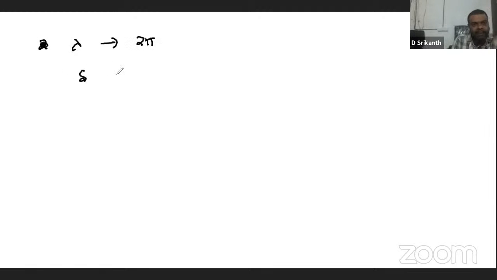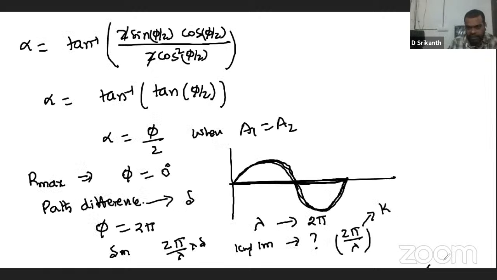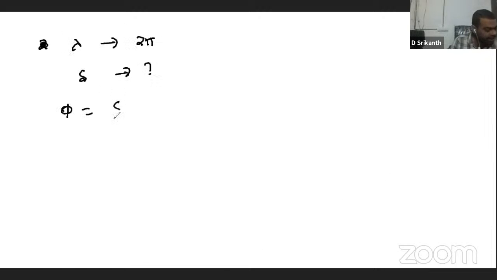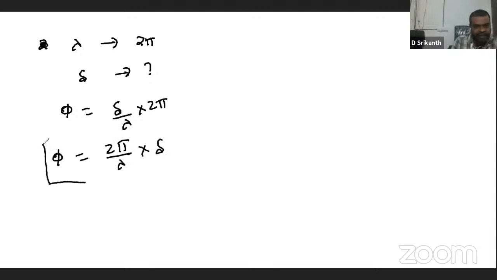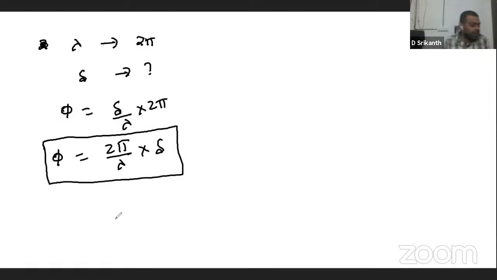For delta meters, what will be the angle? So phi is equal to delta by lambda into 2 pi. That is, phi is equal to 2 pi by lambda into delta. That is the relation between path difference and phase difference. Most important relation, and please remember it, all of you.